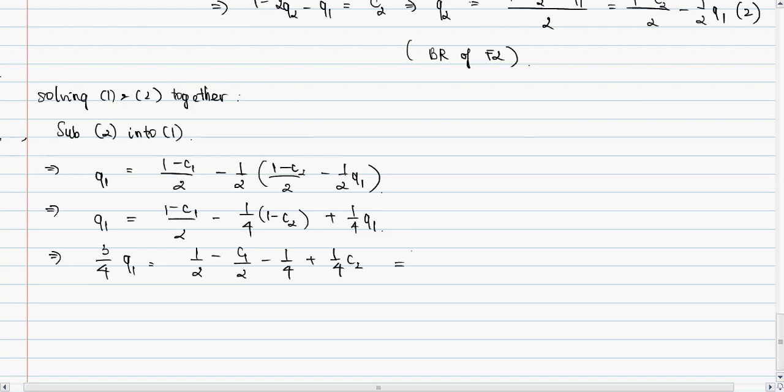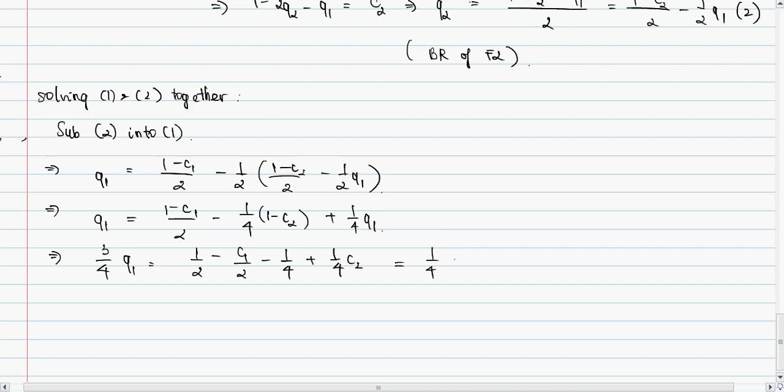Okay, and half minus a quarter gives you a quarter. Negative half C1, okay, so negative half of C1 plus a quarter of C2.